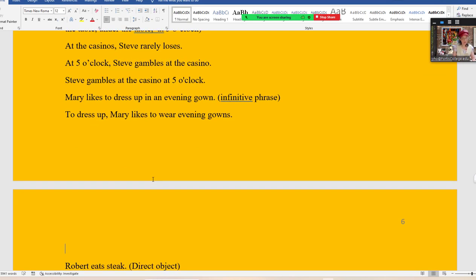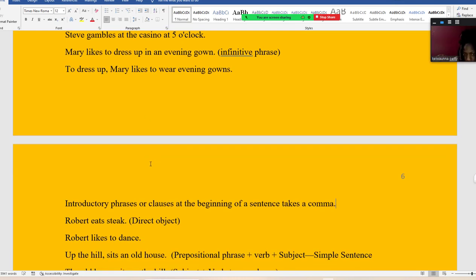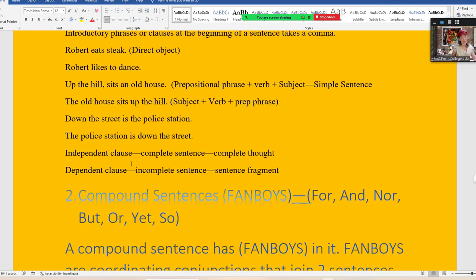Introductory phrases or clauses at the beginning of a sentence take a comma, as well as dependent clauses. Okay, I didn't write that in, but anyway.